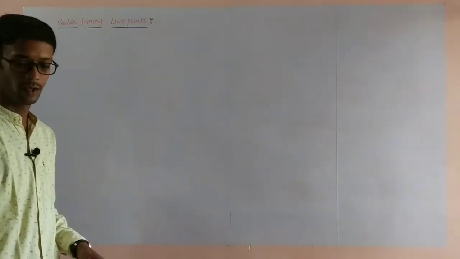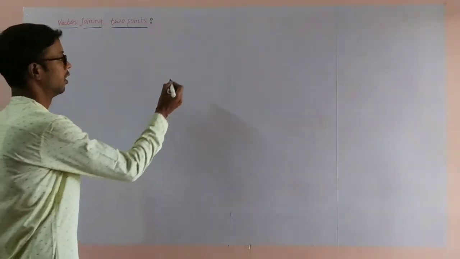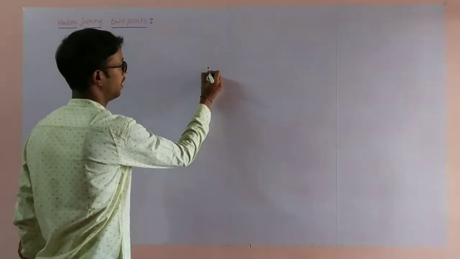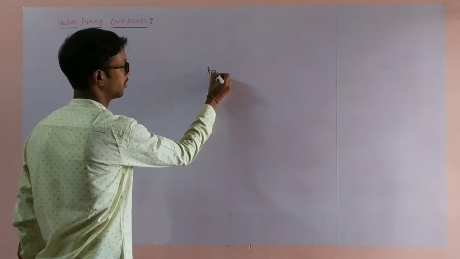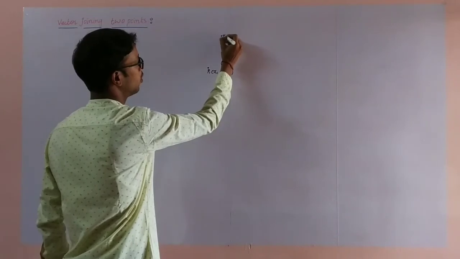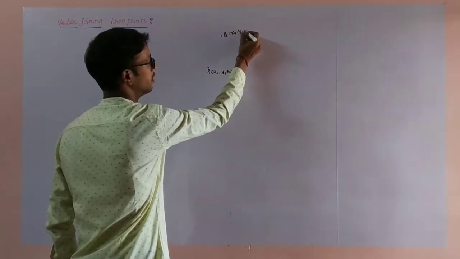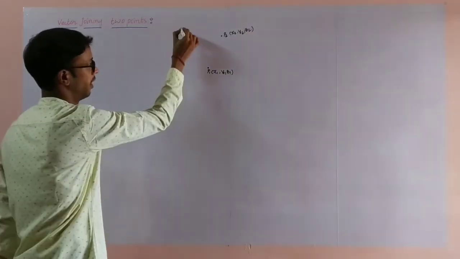Now the next concept is vector joining of 2 points. Let P1 be x1, y1, z1 and P2 be x2, y2, z2 in space.